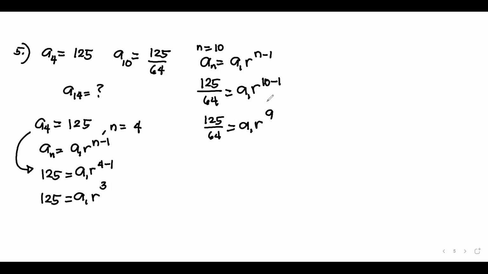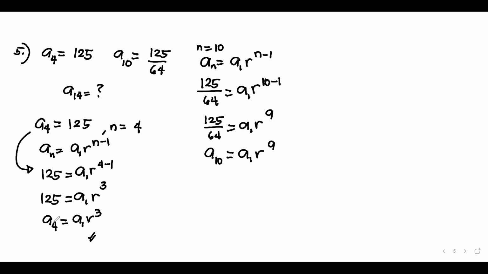As we've noticed, 125, the fourth term, equals a sub 1 r cubed, and 125 over 64, the 10th term, equals a sub 1 r to the 9th. As you've noticed, when we add the subscript and the power, 1 plus 9, the answer is 10.